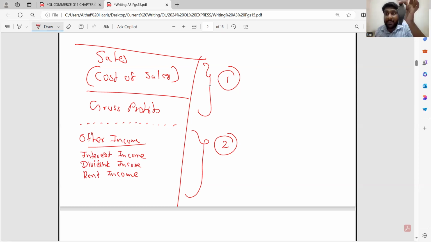Watch selling is the main income. Main income is the first part. We finished it in the first part. Second part, we are doing now. A lot of other income will be there.